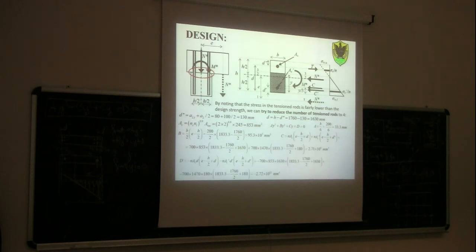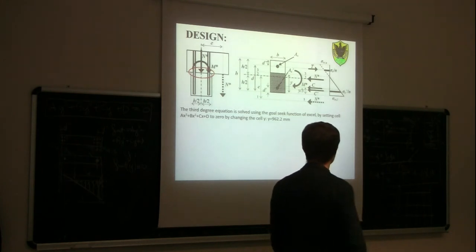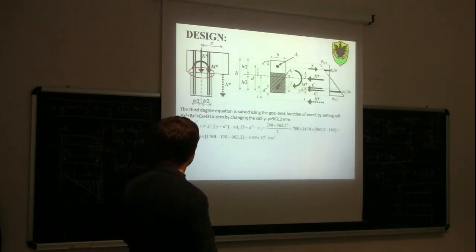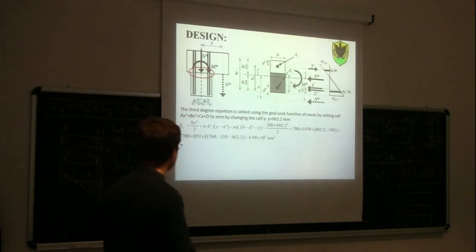We solve again the third degree equation, we find the solution here. Y is 962.2 millimeter. So this is the depth of the compressed area in the wood. We recalculate again the first moment of area, the transformed section, and the stresses in the wood.